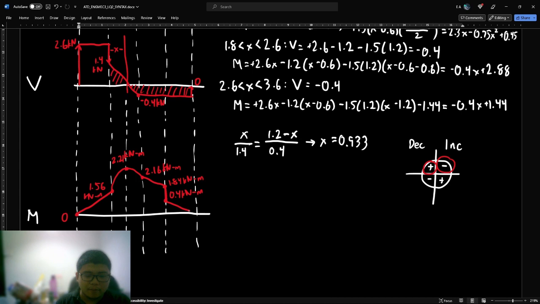So we subtract 1 times 0.4 and we would go back to 0. So we start from 0, then we end at 0. And that is how we know that we have successfully completed our shear and moment diagrams.